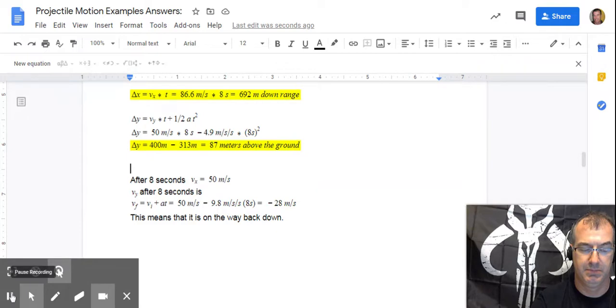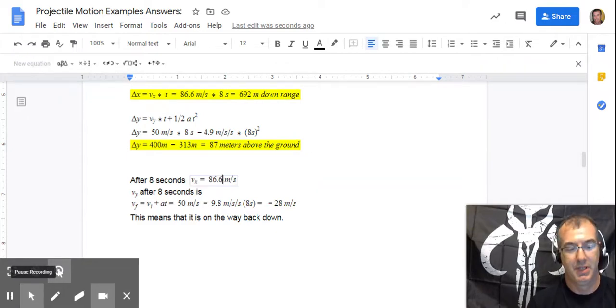Oops, the velocity in the x direction is 86.6 meters per second. Please excuse the mistake before. That particular part is still consistent. It's still moving at a constant velocity, I should say.